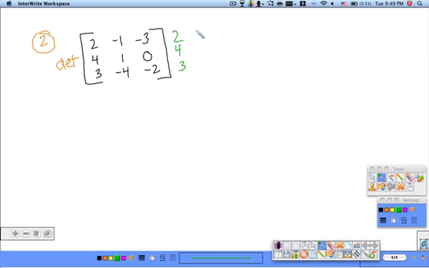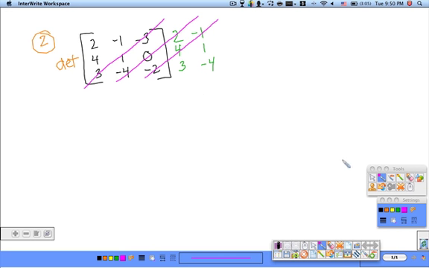I'm going to rewrite the second column, -1, 1, -4. Next step, I'm going to circle my diagonals. Now I'm going to draw a line because it'll be easier for me, but you may want to circle. Okay? There's a diagonal, there's a diagonal, and there's a diagonal.